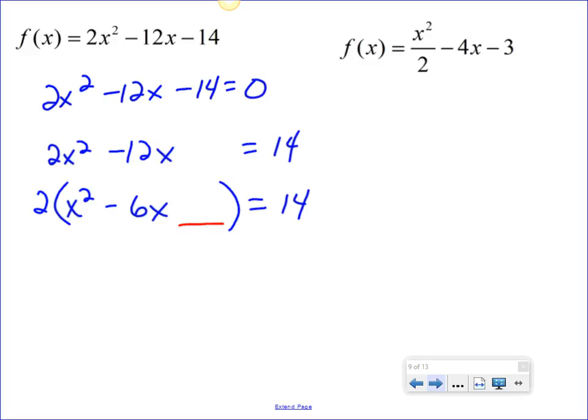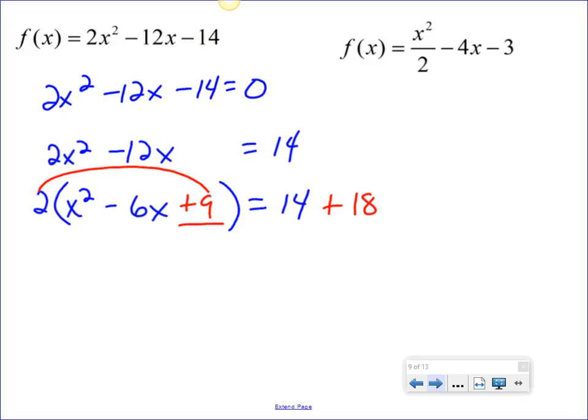So if I got a minus 6, half of a minus 6 is a negative 3, squared is a 9. So I'm going to add on 9. However, I'm not going to add 9 to the other side. What I instead have to add is what the product of the 2 and the 9 would be, because that's truly what we're doing. It's still 2 times that 9. So that would be an 18 is what I'm going to add on.